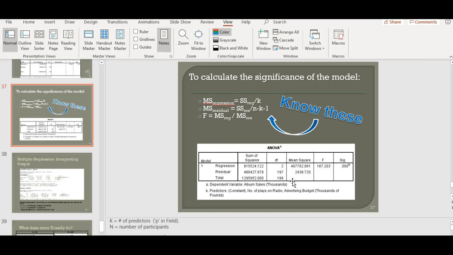The second thing is I like how the regression sum of squares and mean squares is all together. What I mean by that is all the predictors are represented in this mean square and sum of squares. In R, conversely, the predictors are separated and they have their unique associated sum of squares.